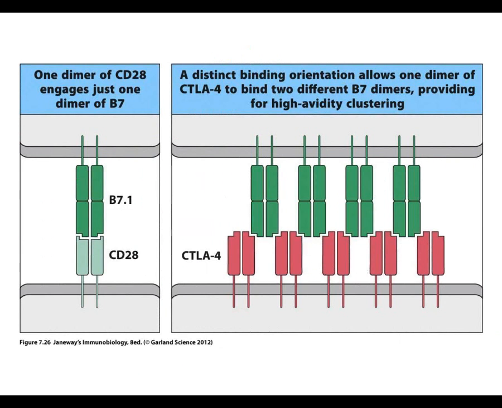Okay. I'm just going to quickly mention that CD28 has a competitive inhibitor for B7 binding. So CD28 is a co-stimulator, but what binds to it more strongly is something called CTLA4. CTLA4 also binds to B7, and it's going to inhibit this whole pathway.